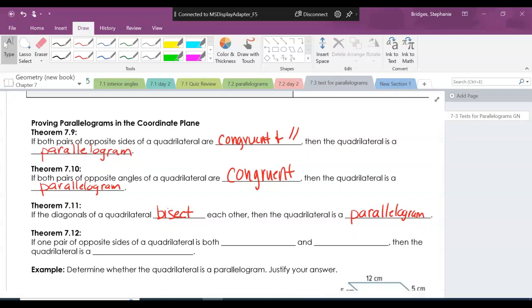And then there's one other way that we can determine if a quadrilateral is a parallelogram. And if that is one pair of opposite sides is both congruent and parallel, then the quadrilateral is a parallelogram.